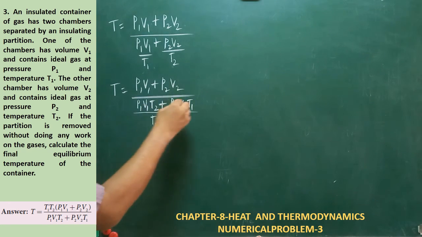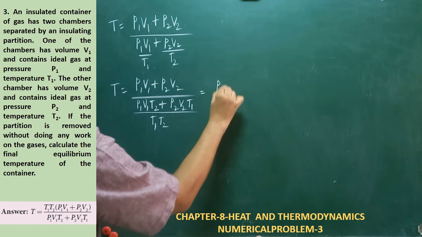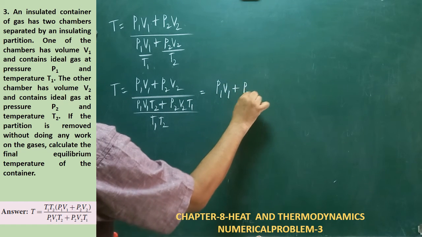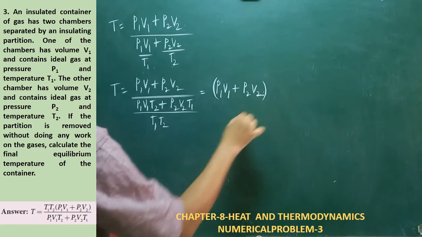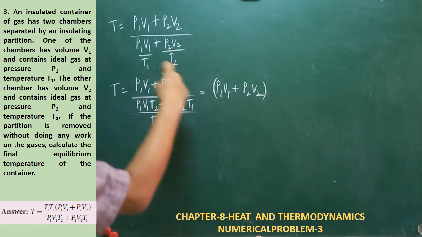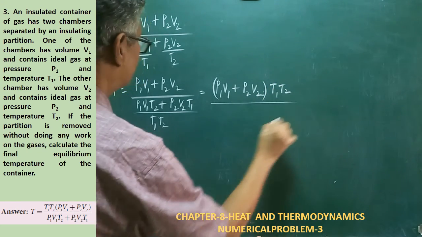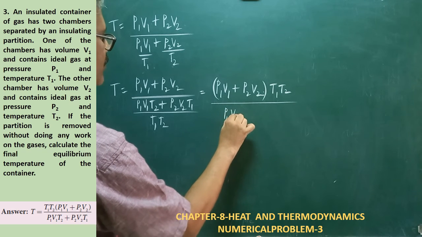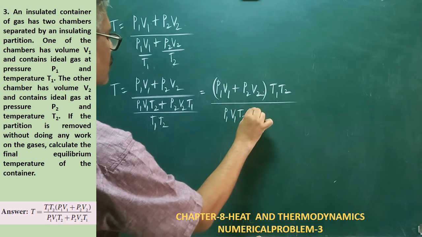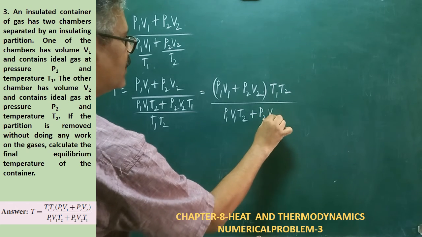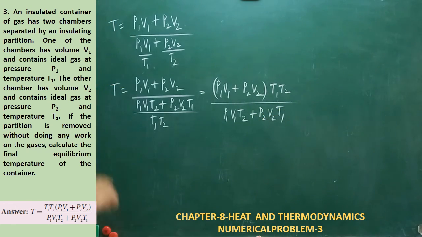Now this one can be taken up, so P1 V1 plus P2 V2 whole thing within the bracket. If the factors are brought up, that will become T1 into T2 whole divided by P1 V1 T2 plus P2 V2 T1. So this is the expression from which we are able to get the final temperature of both the gases after the partition is removed between the two chambers.